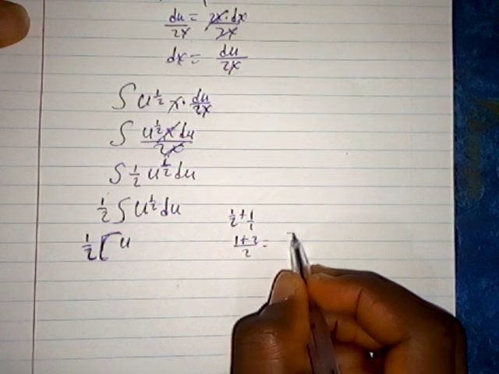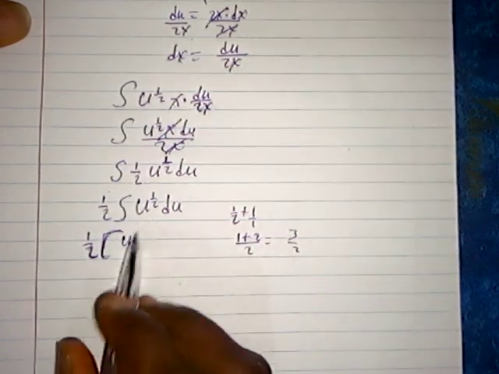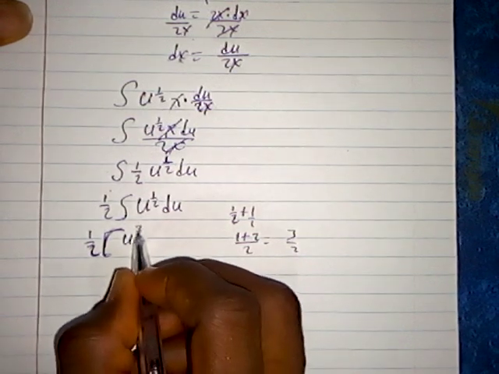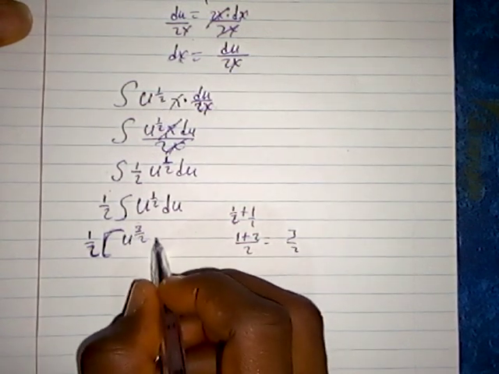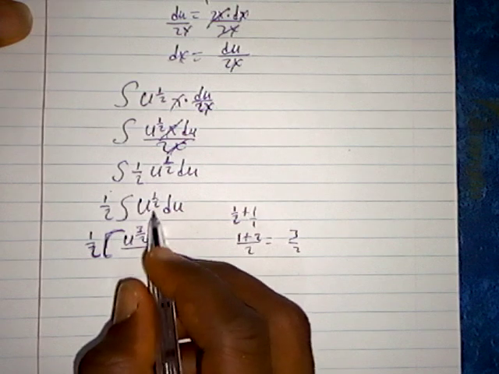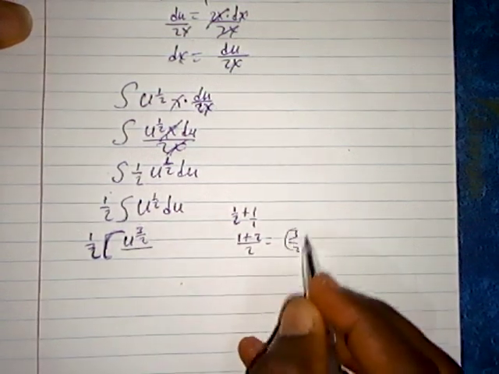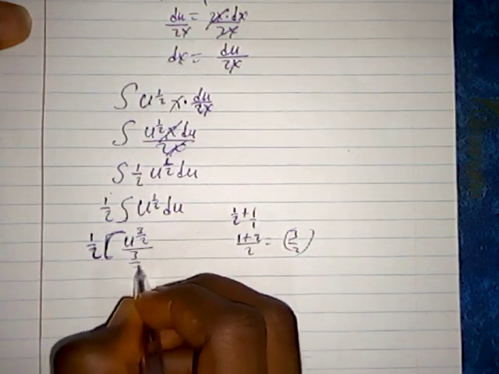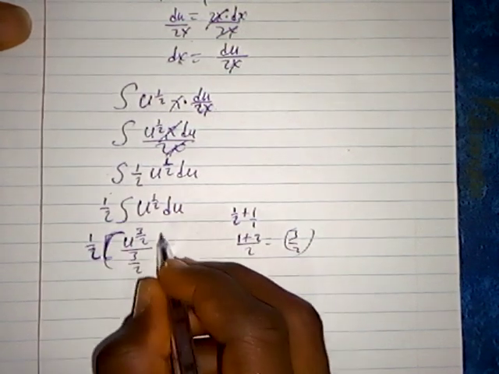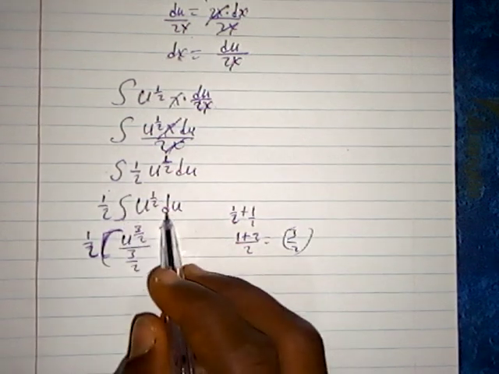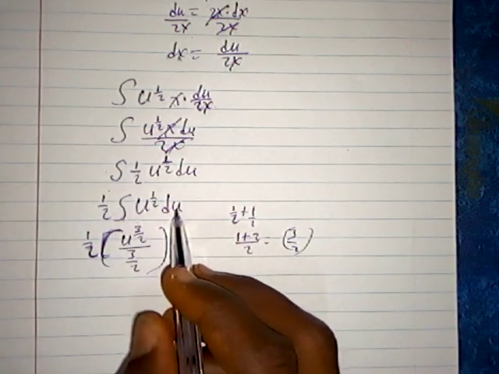So what is it going to give you? 3 upon 2. If you add this power 1 upon 2 plus 1, it gives you 3 upon 2. Divide it with the answer you have, which is 3 upon 2. You put it in a bracket. And once you have changed the integral, du is going to disappear.